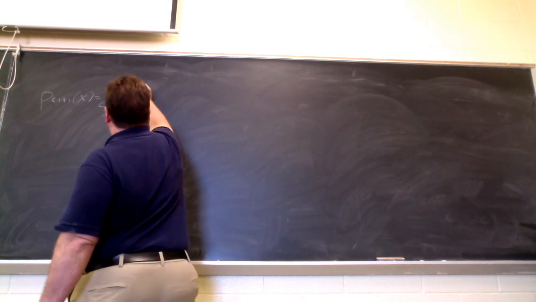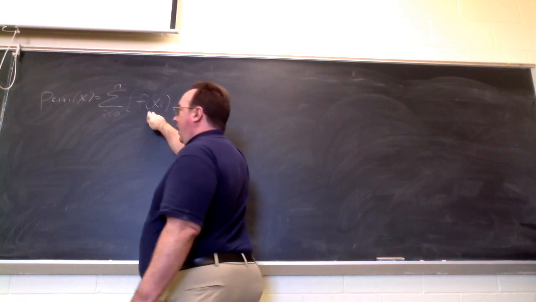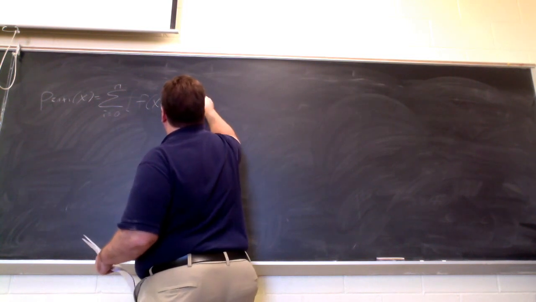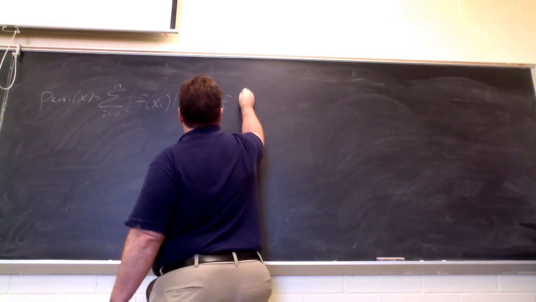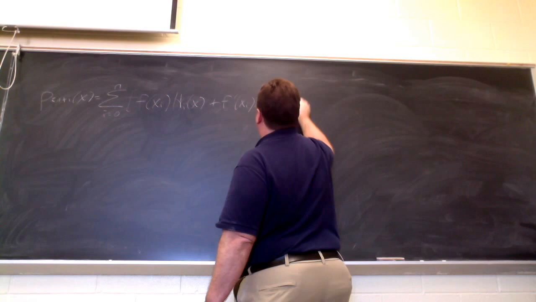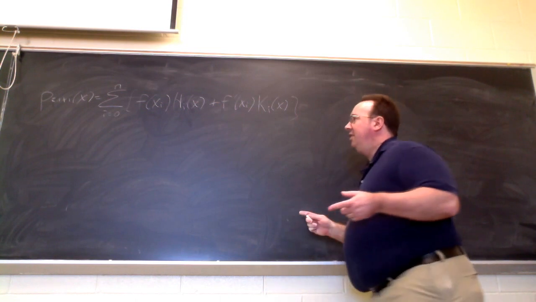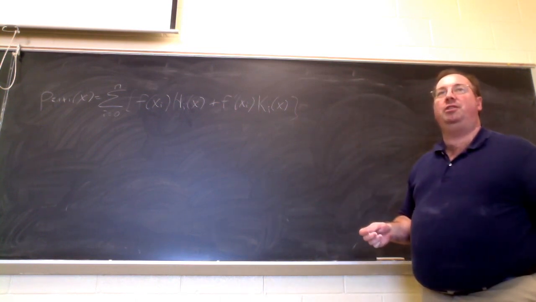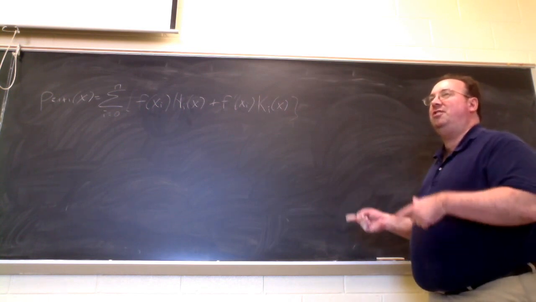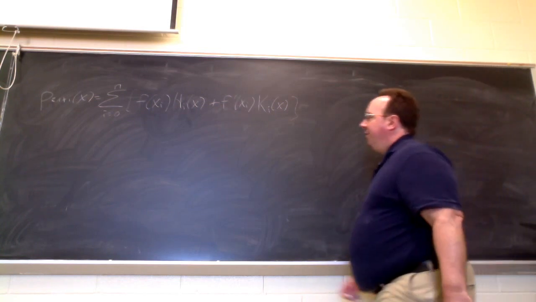So the start of this would be almost exactly like the Lagrange case: your y values, your f values, times something I'll call h_i of x, plus f prime, your derivative values, times some other polynomial, which I'll call k_i of x. The idea is these h's and k's play the role of Lagrange polynomials, but I'm not going to use actual Lagrange polynomials because these have to satisfy different conditions. Okay, so what conditions will they satisfy?